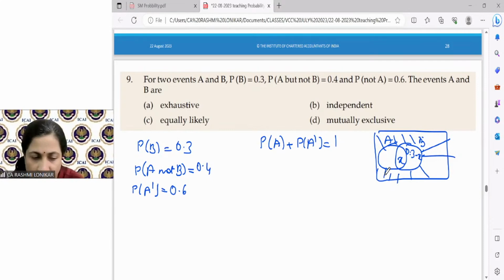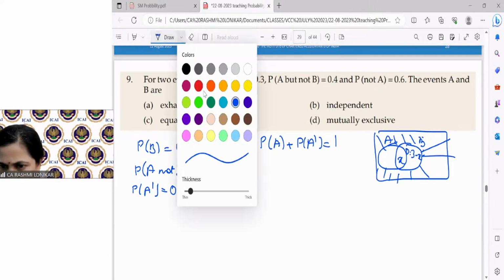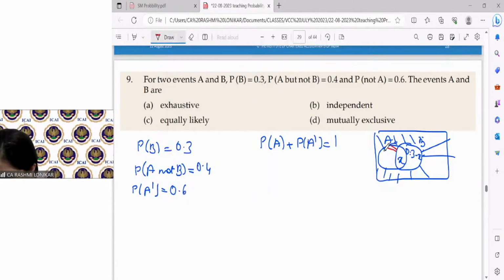So P of A and P of A dash is this. Now how much is this? I have P of A not B. P of A not B is 0.4.